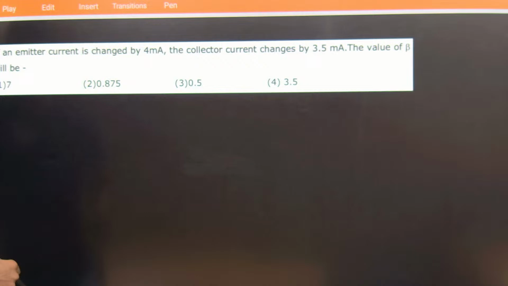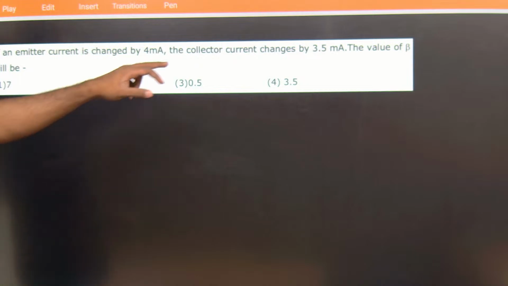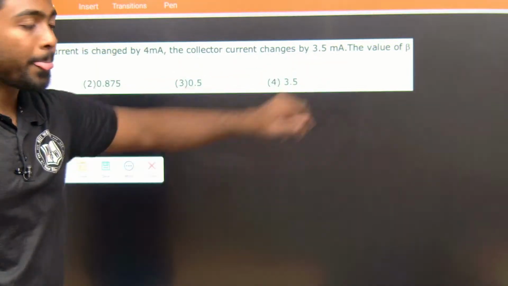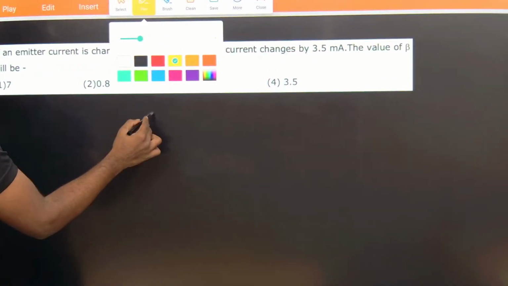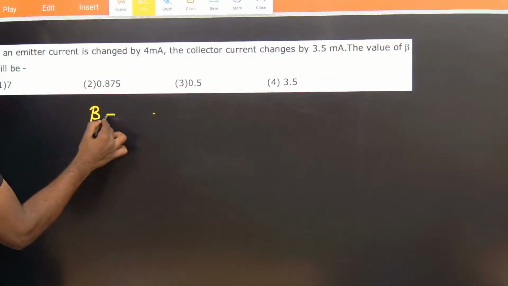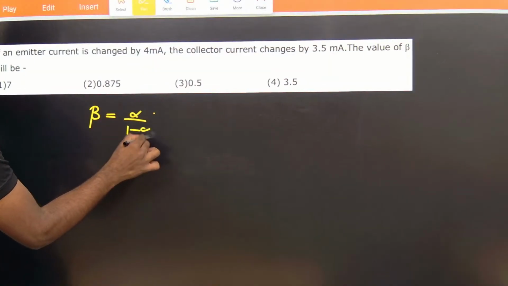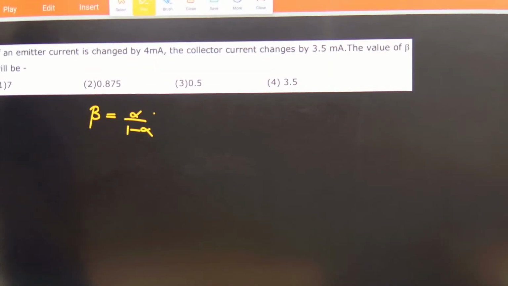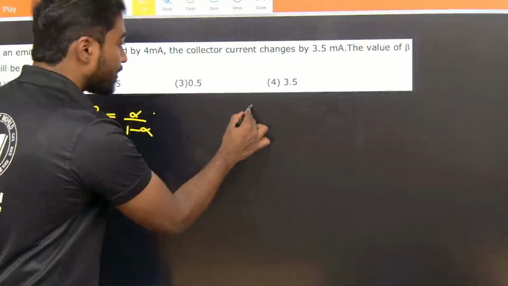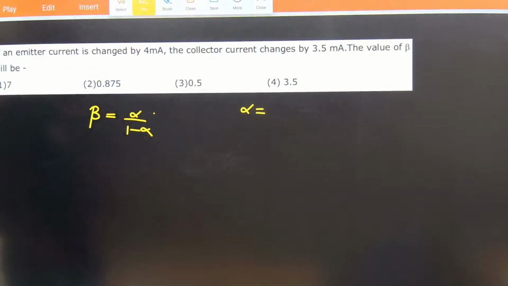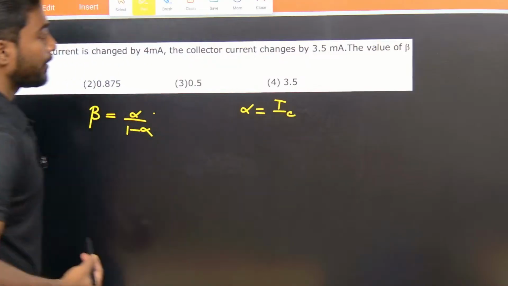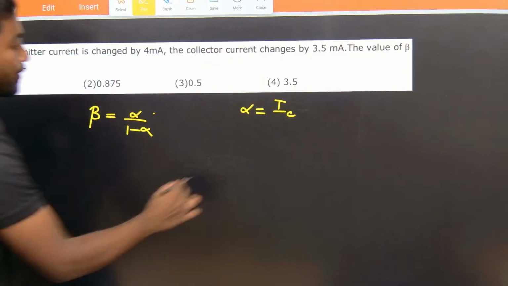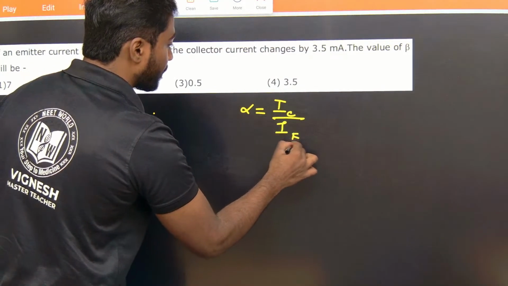So first, how I can write beta? Beta is equal to alpha by 1 minus alpha, right? And we know the thing, alpha is equal to collector current by emitter current.